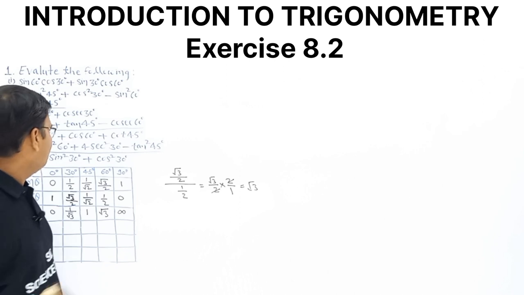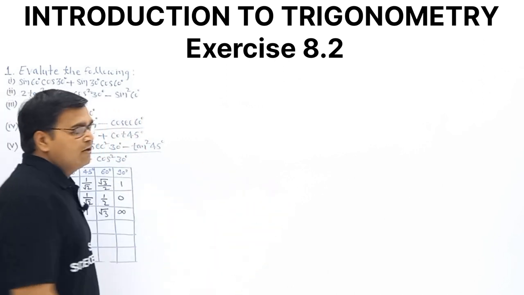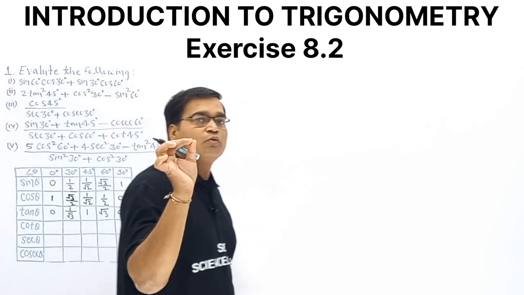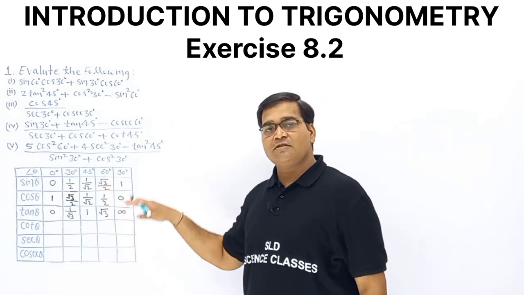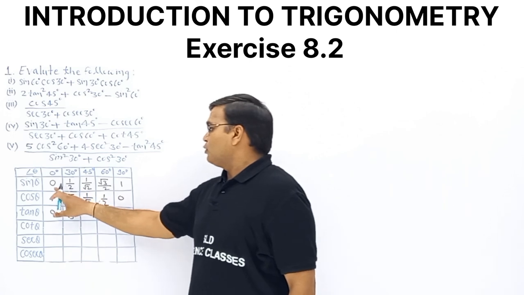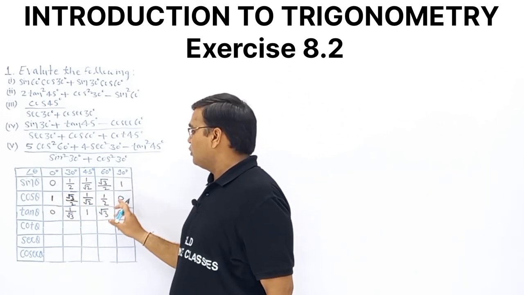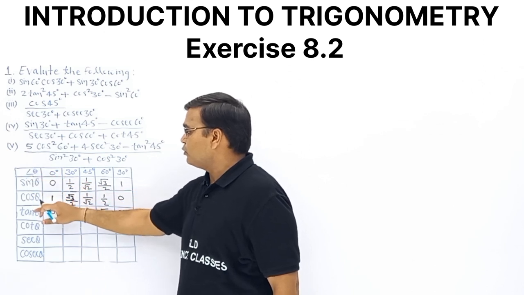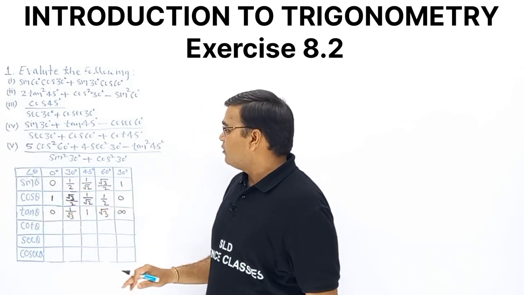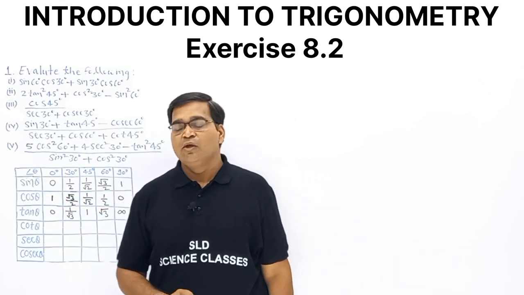Clear? I hope you understand these things. So in this way, once we know the values of sin theta for 0 to 90, we can complete this table. Reversing 0 to 1 and 1 to 0 gives cos theta, and sin theta upon cos theta gives tangent theta. Now next one, cot theta.